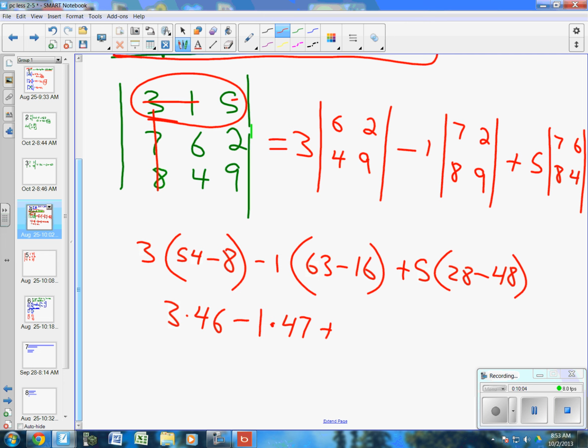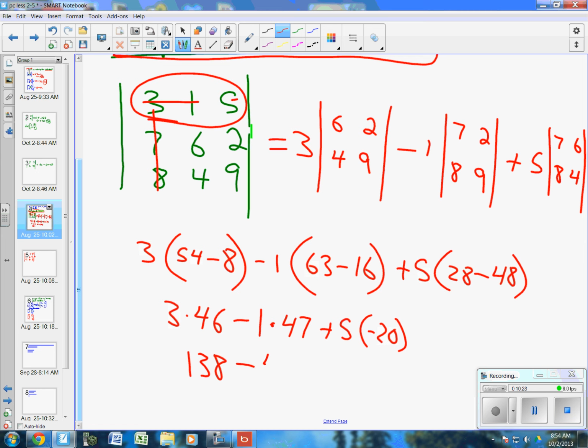Negative 20. So 5 times negative 20. So I'm going to go 3 times 46, which is, is it 138? 3 times 45 is 135. So add 3, it's 138.